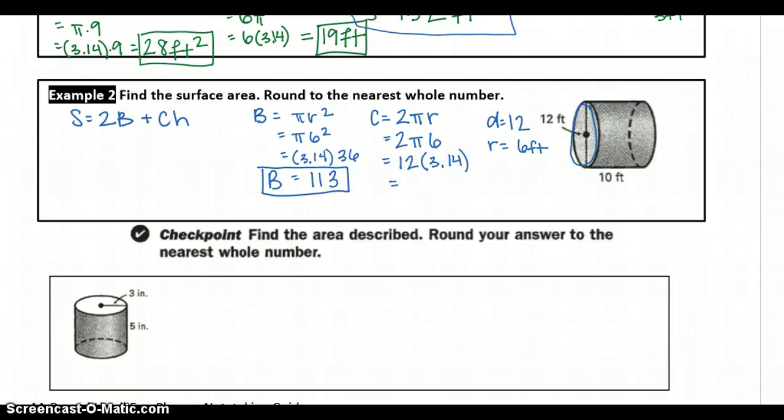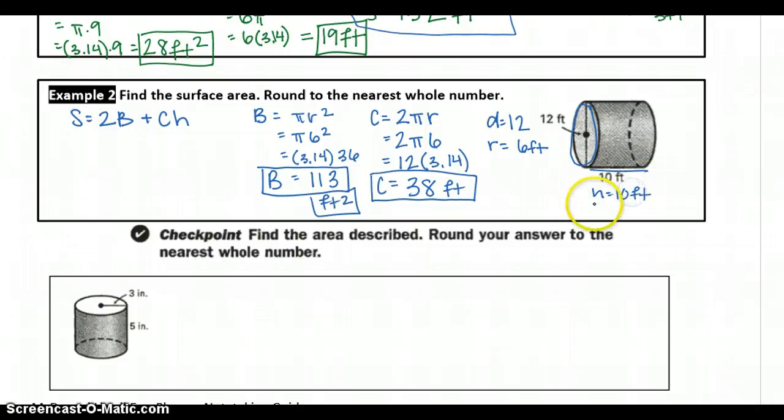And when we multiply this out, we will get a total of 38 if we round. So our circumference is 38 feet. Sorry, our area was in feet squared. I left off my units. And last we need to know the height, and the height is given to us here. Our height is 10 feet.